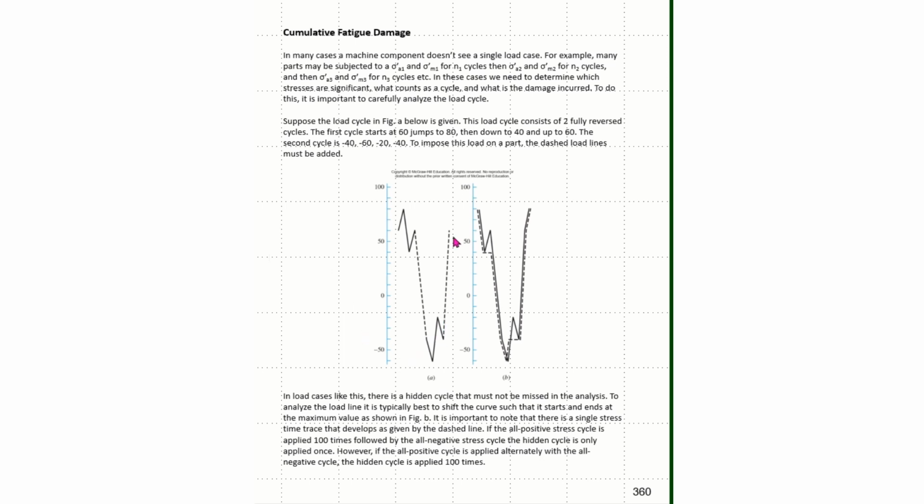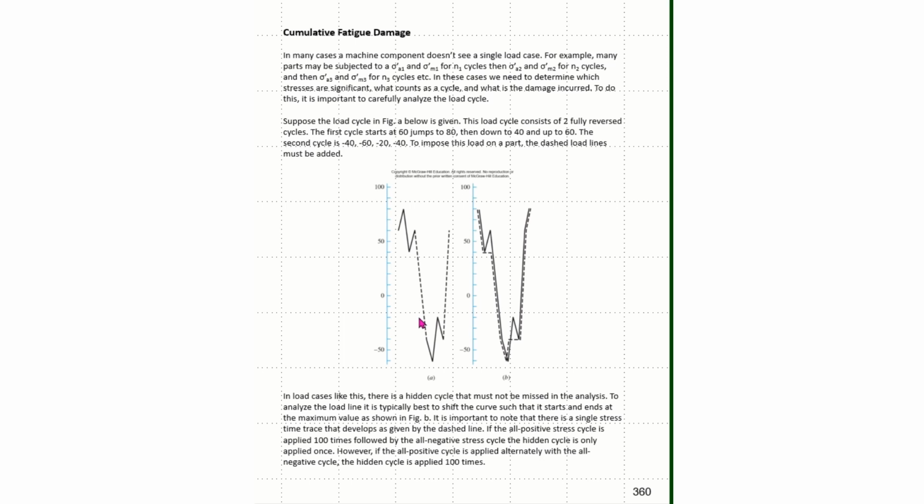This figure A, shown here, shows that we have a load that starts at 60, jumps up to 80, drops down to 40, then back up to 60. And if this were one of the load cycles applied and this was repeated, that would be the load cycle.